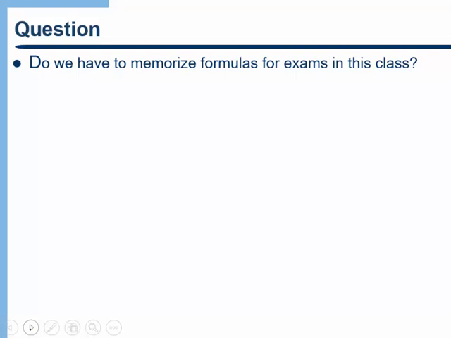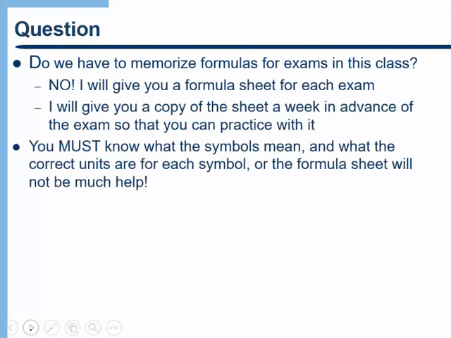One question that I often get in my courses is, do I require you to memorize formulas for the exam? And the answer is, I don't. So I'm going to give you a formula sheet. However, that formula sheet is literally just going to have the formulas on it, like v is equal to v naught plus at. Sometimes what students don't realize is that there's a really important step before taking an exam where you're given a formula sheet.